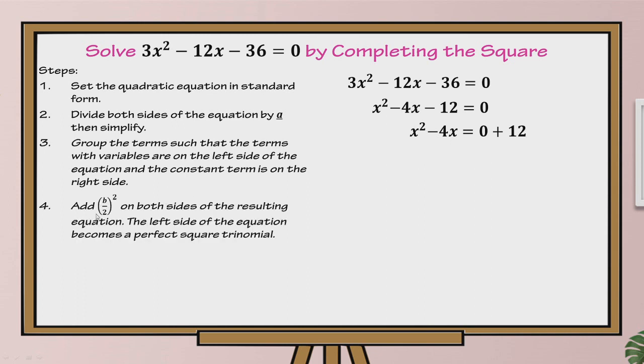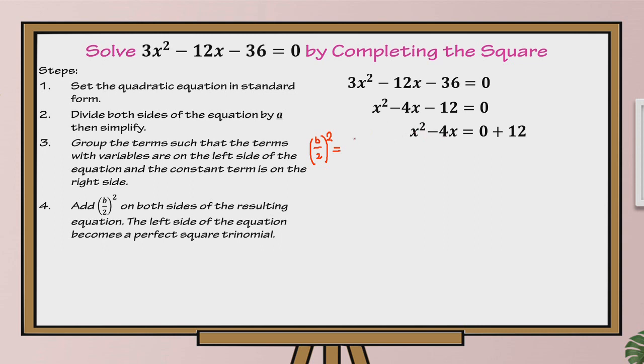Then for step 4, we are going to add (b over 2) quantity squared on both sides of the resulting equation. Now this time, let's identify the third term that is needed to make this side a perfect square trinomial. So, gagamitin lang natin itong formula na to, (b over 2) quantity squared. That will be equal to, yung b natin is negative 4.